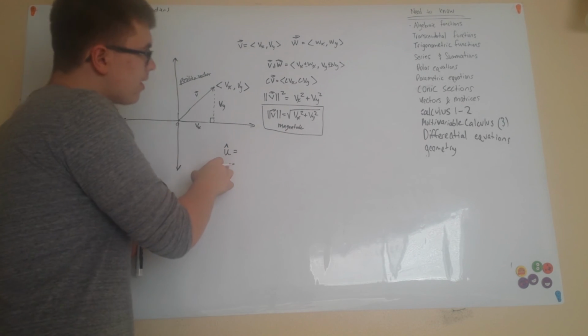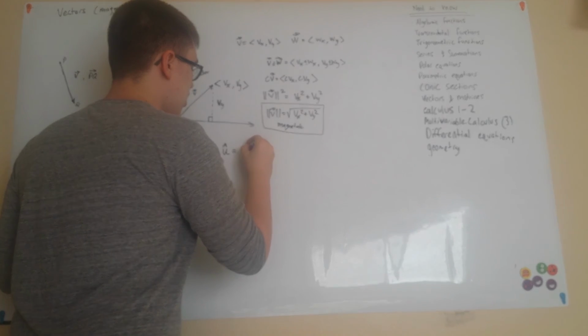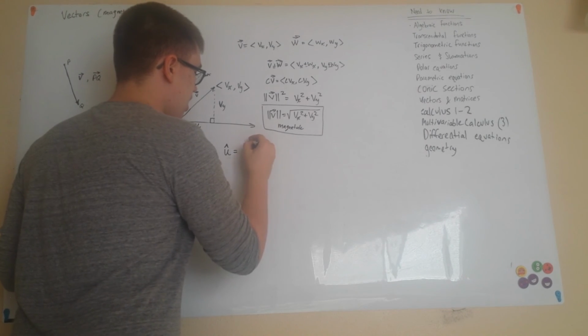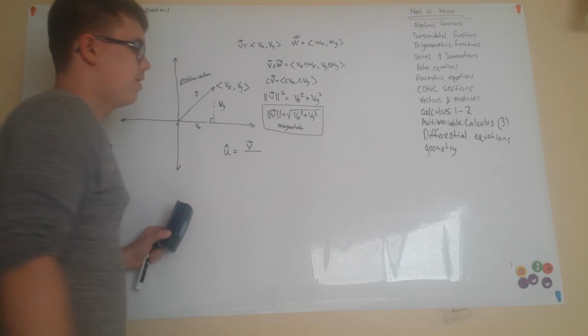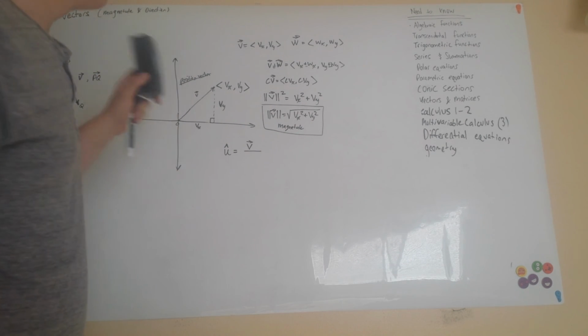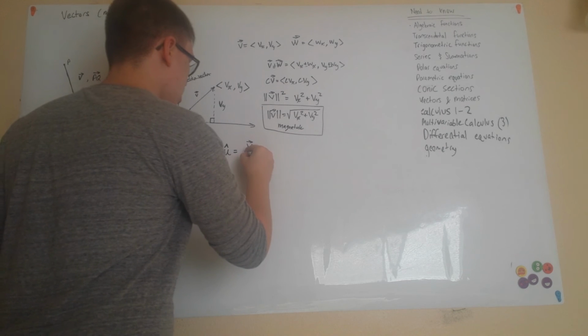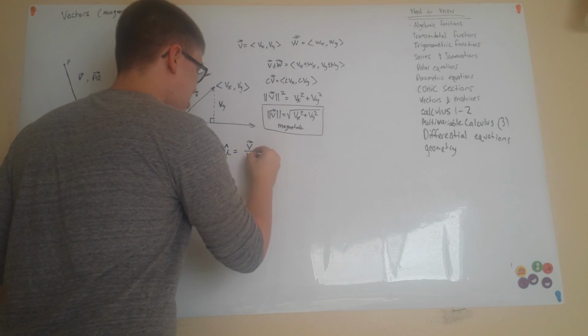So the unit vector of any vector is the vector divided by its magnitude.